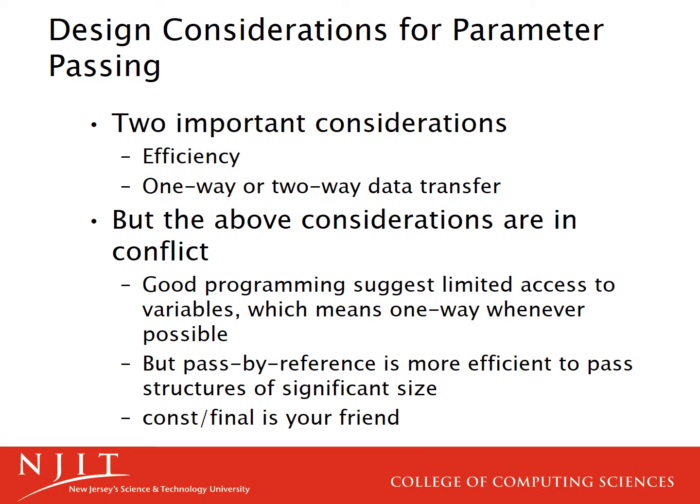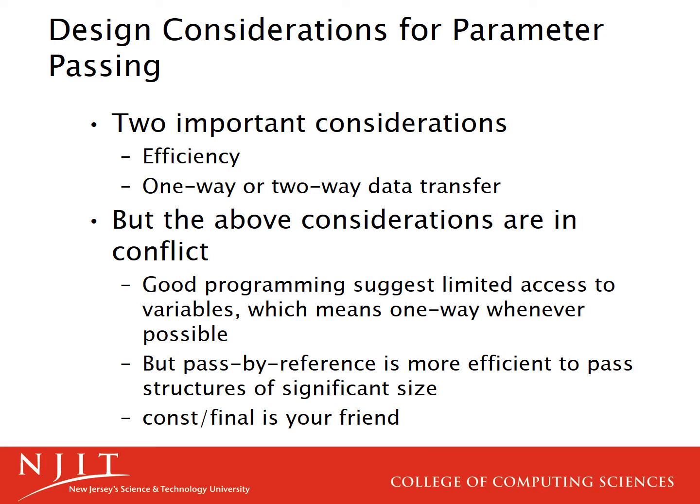You probably want to give a function as little information as possible. Give a function only the information that it needs. So don't pass a function 15 parameters if it really only needs 1 or 2.